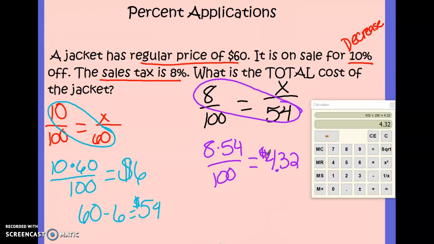Okay, so I'm going to take this. This was our discounted price. Sales tax is an increase. So I have to add $4.32 to that. And I get $58.32 is the total cost we'll pay after the discount and adding our sales tax in.